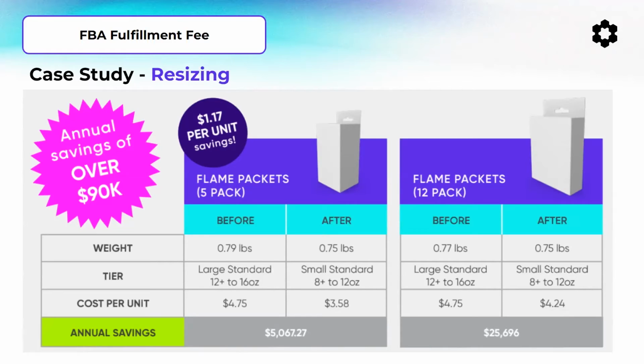Other instances we found were shaving just 1/4 of an inch here or there. And that can make a huge difference in terms of the fees that you're paying. And this brand, because of the volume they were doing, saved about $90,000 per year by simply making these very minor shifts. So there's a huge opportunity for that.